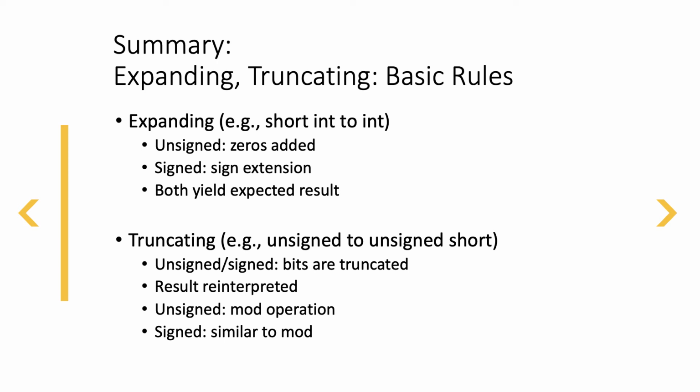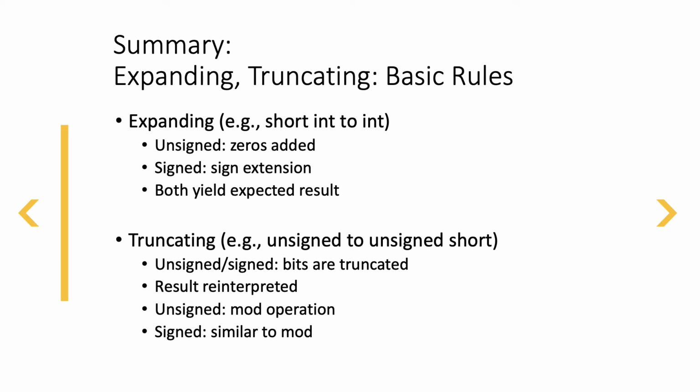For expansion, we're going to land at the same value, but for truncation, we're actually going to potentially change the value. If I already had just a bunch of zeros, and I have a 0 left in my most significant digit, then we're still going to end up with the same result.